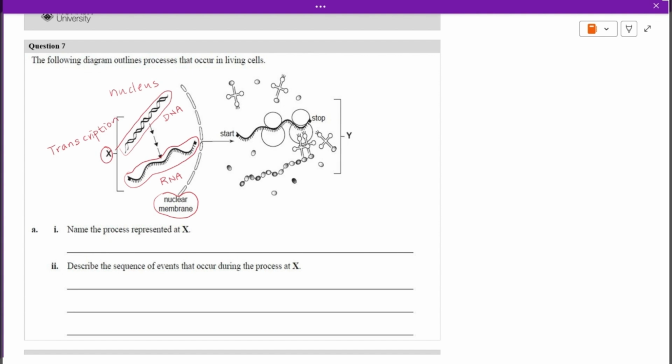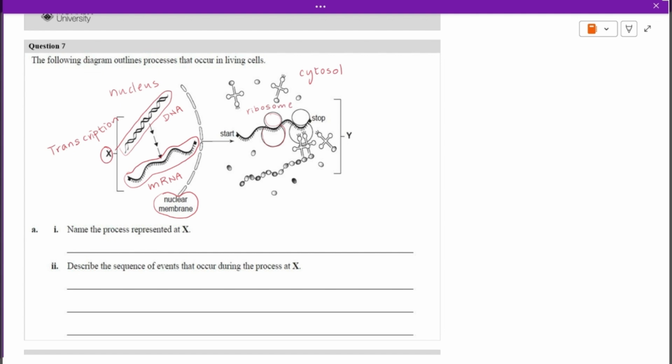Okay, now mRNA has been made and it travels outside of the nucleus into the cytosol. And then we can see it's attached to a circular thing, which also has two parts. This is a typical drawing of a ribosome.